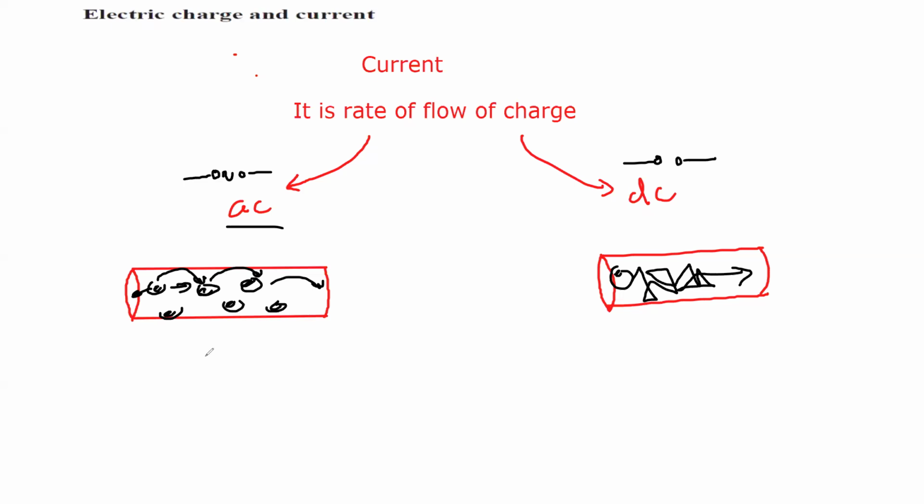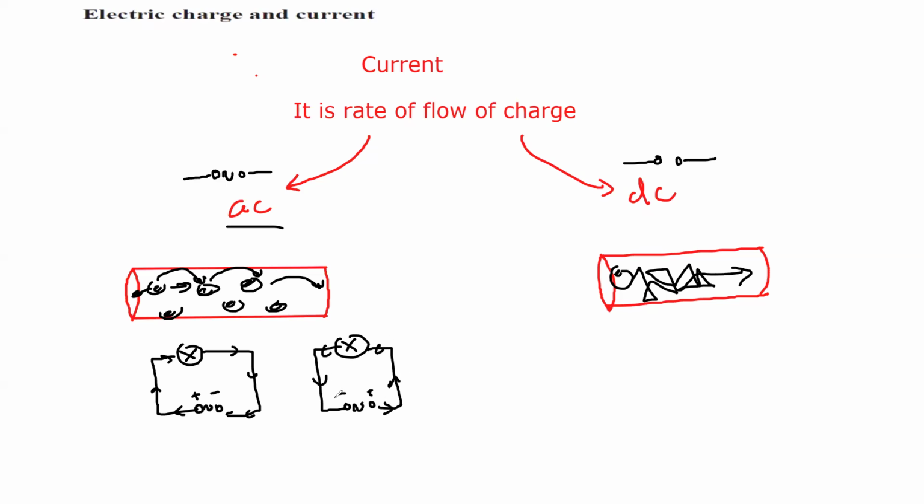In AC, whenever we have an AC supply, the direction of the flow of the charges changes by itself. So if this is an AC supply, first the left hand side is positive, the right hand side is negative, and the flow is from positive to negative. Then the terminals change by themselves, positive and negative, so the flow will change also.